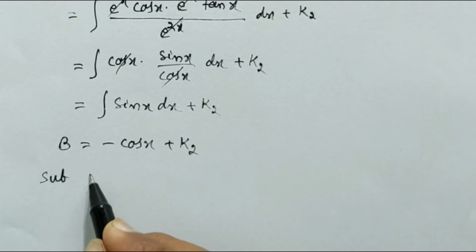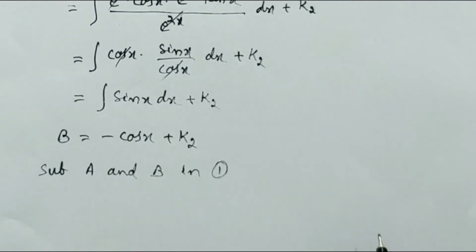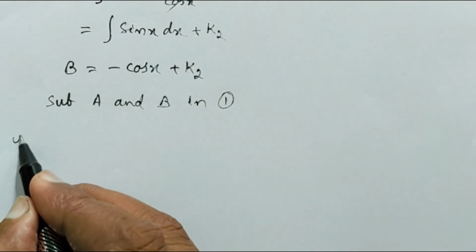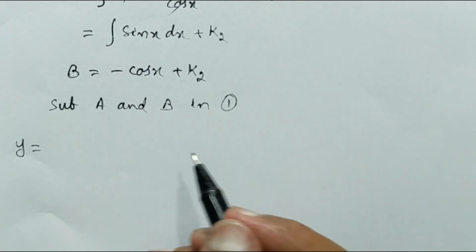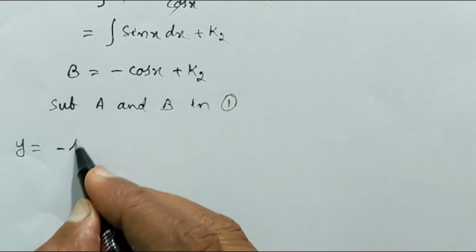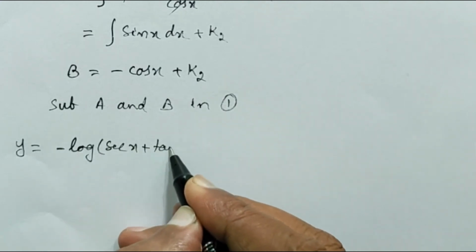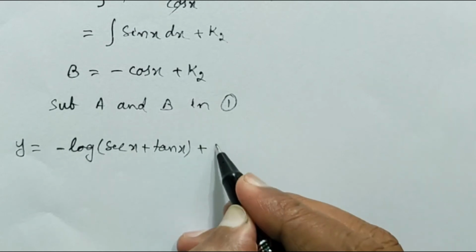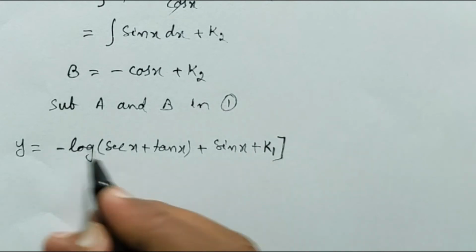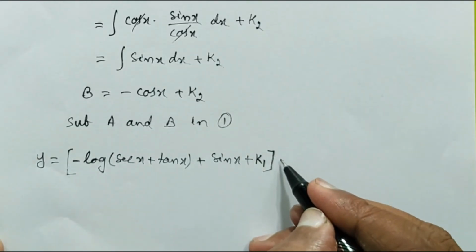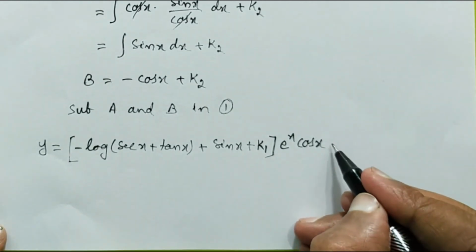So substitute the values of a and b in equation number 1. So the value of y will be nothing but a into, the value of a that we have over here is minus log of secant of x plus tan of x plus sine of x plus k1, into e power of x into cos of x, plus b.